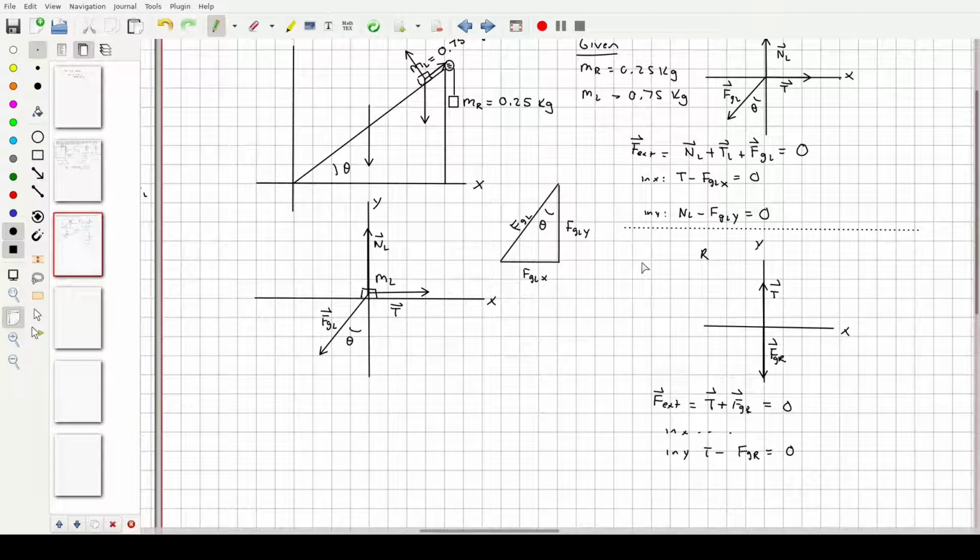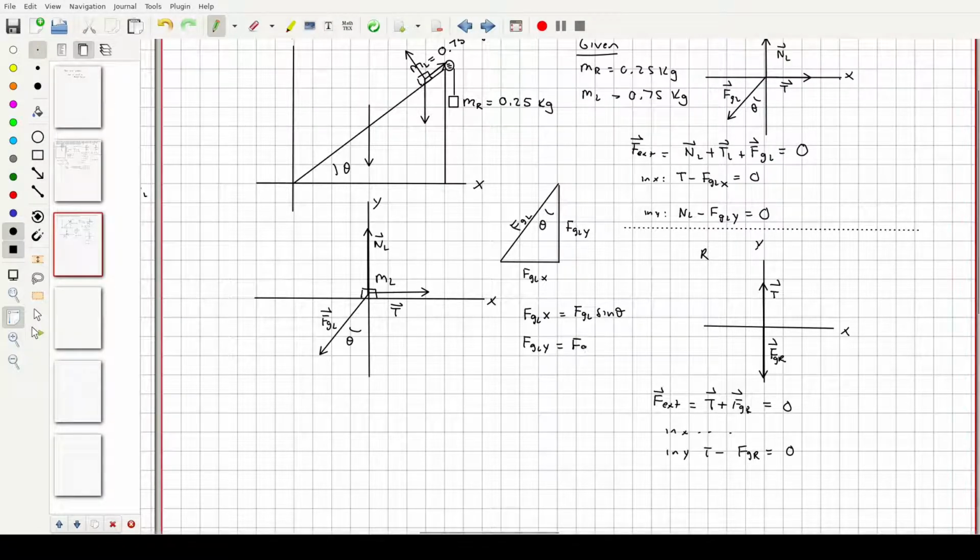Okay, so here, if you think of opposite, adjacent, and hypotenuse, FGLX, that one is opposite, so that's a sine. If you look at the y part, that's adjacent.